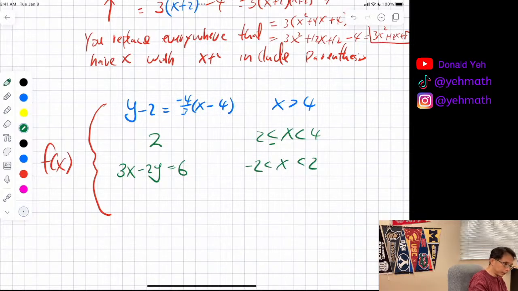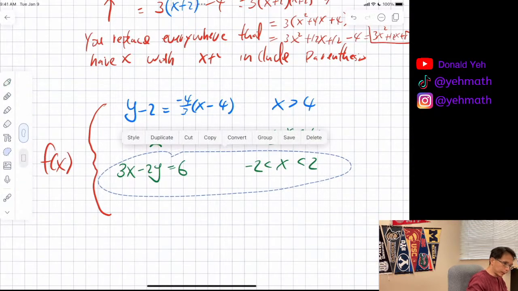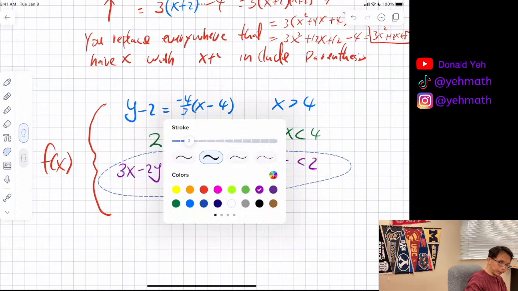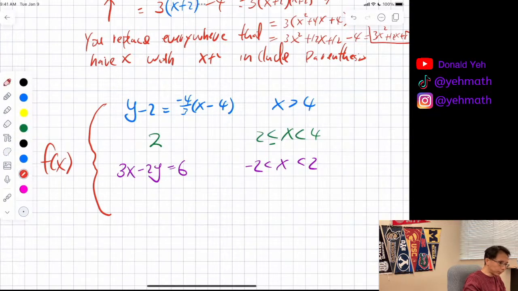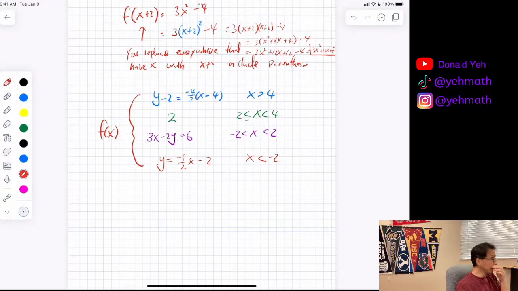Oops, I'm going to change the color for this one. What color shall we want? Purple. And the last one, I'm going to do red. y is equal to negative 1/2 x minus 2 when x is less than negative 2.